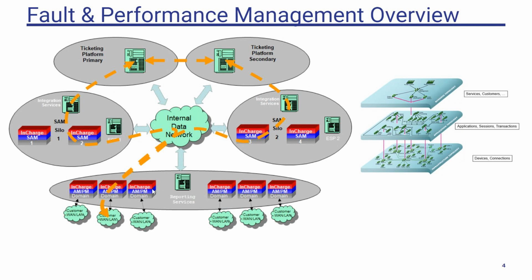The difference between the AMPM layer and the SAM is that AMPM has a lot of information about the physical attributes of a device. SAM in turn has the filtered information of faults, where the faults are coming from, and which fault is the root cause fault.